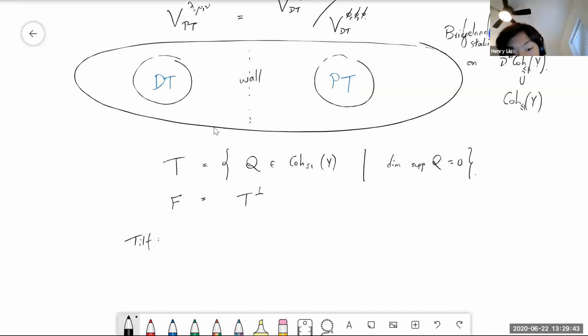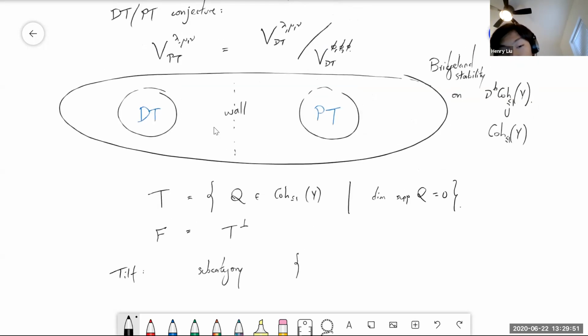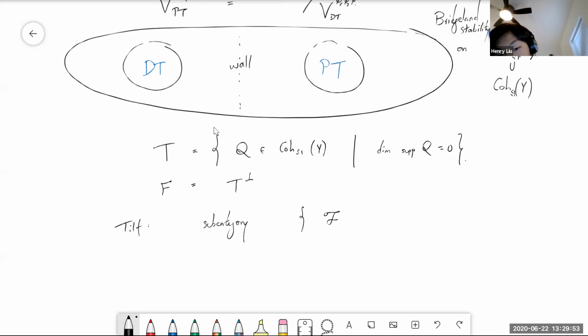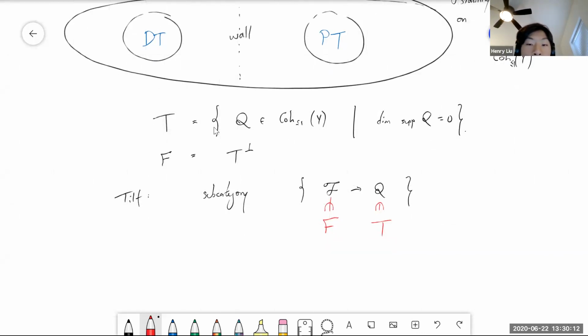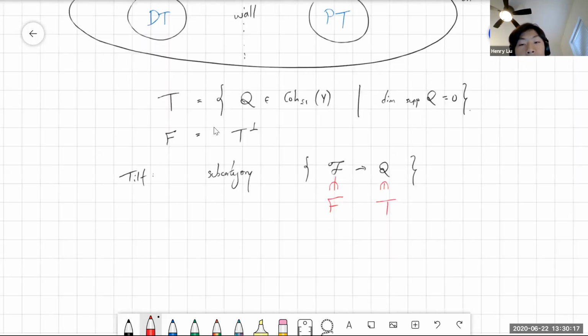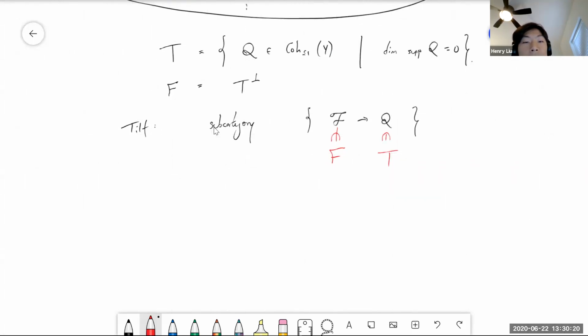It's the subcategory of pairs, where you say the first sheaf F is inside the subcategory F, the second sheaf Q is in the subcategory T. And so PT theory can be viewed as a tilt of the standard heart with respect to this particular torsion pair.